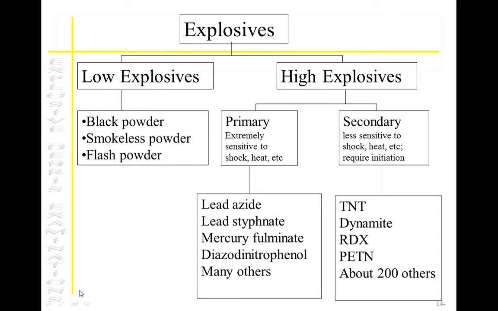So if we look at a graph of explosives overall and then divide this into our low explosives and our high explosives, you can once again see that there are compounds considered low explosives that deflagrate, and then high explosives that detonate, that can be divided between primary explosives and secondary explosives.